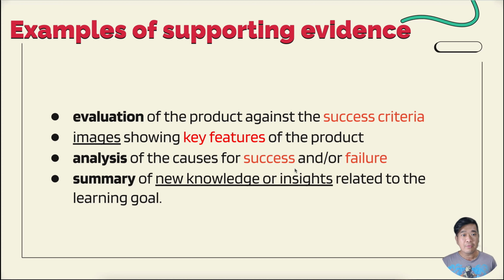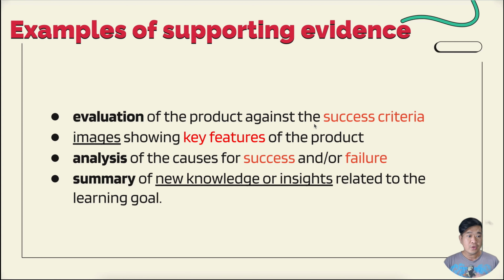The examples for supporting evidence are like this: evaluation of the product against your success criteria. You have to grab back your success criteria from your previous criteria, and check if it meets your goal and your criteria in that section.